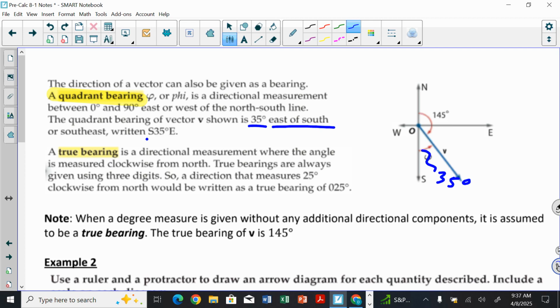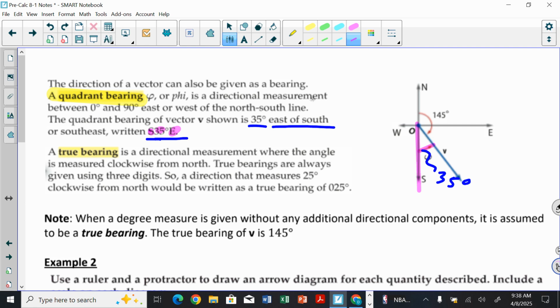So we would say south, that's the line we started from, 35 degrees, and we went 35 degrees east. So once again, we started at the south line. That's where the S comes from. And then we went 35 degrees to the east. So that's how we got that idea, okay?